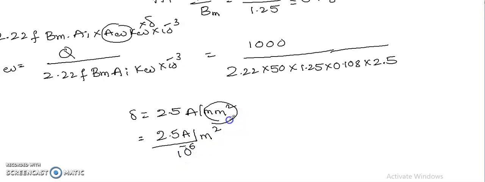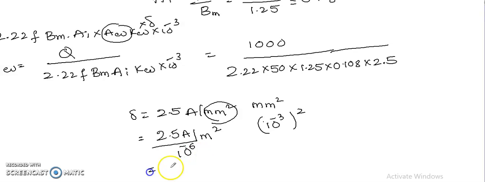Why it is minus 6? Minus 6 is that it is the millimeter square it is. So millimeter square means what? Millimeter means what? 10 to the power of minus 3. Millimeter square means what? Square of it. That's why to convert ampere per mm square to ampere per meter square, I have divided by 10 to the power of minus 6.